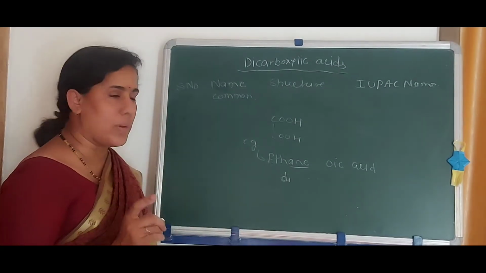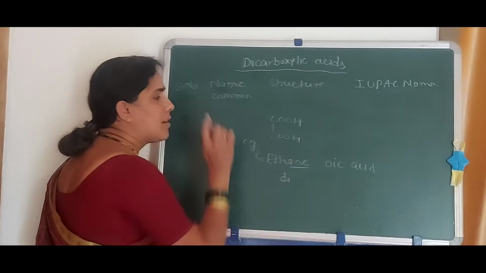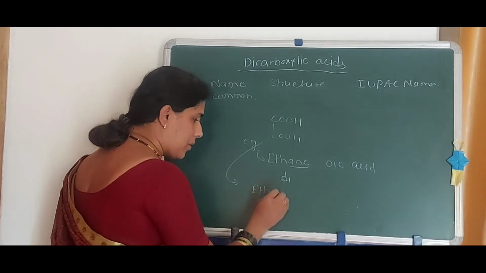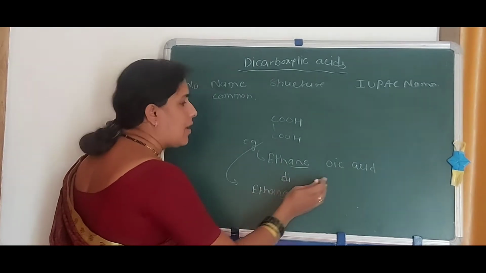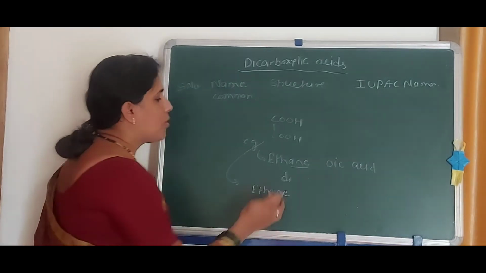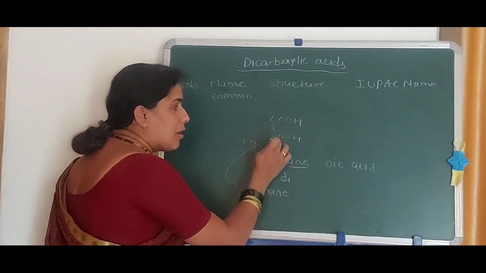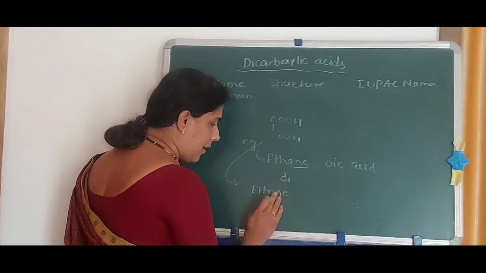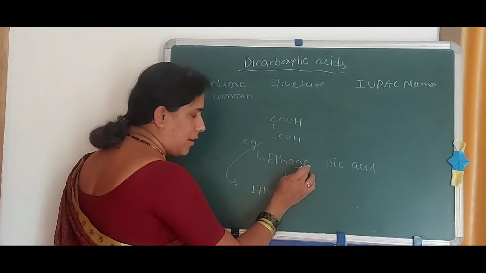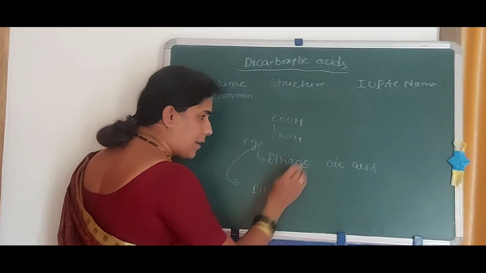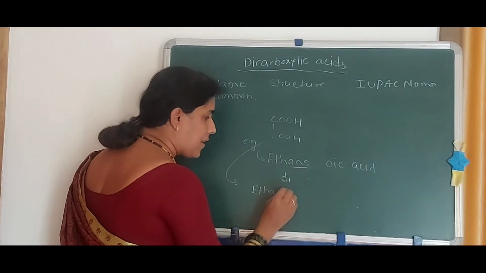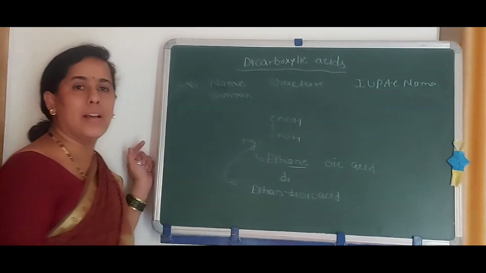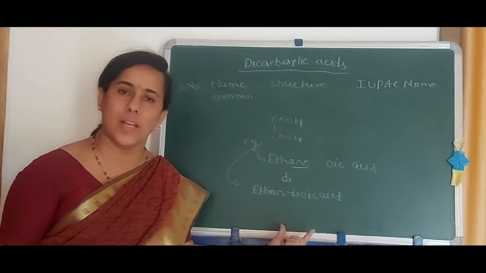In this way we write the name of oxalic acid in IUPAC fashion as ethane, replacing the E by OIC acid, and before OIC acid specifying the number of carboxylic groups: ethanedioic acid. Thus we have given the IUPAC name.